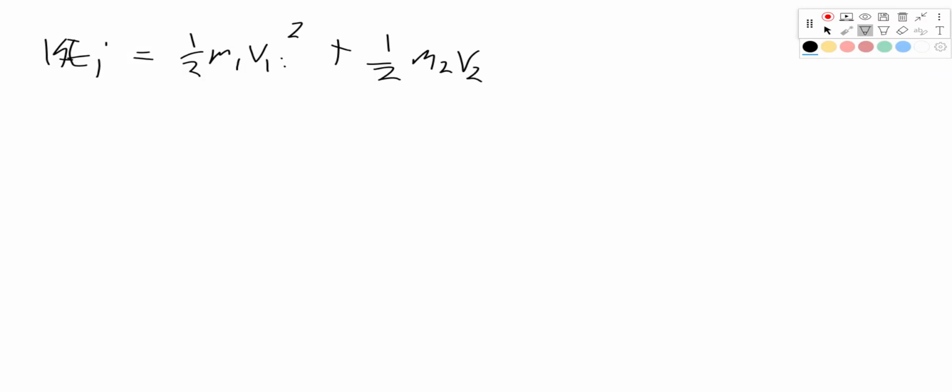Let's go ahead and break down what that would look like. We're going to use for kinetic energy initial, we're going to use the equations 1/2 mass of object 1 times velocity of object 1 initial squared plus 1/2 mass of object 2 times velocity of object 2 initial squared.